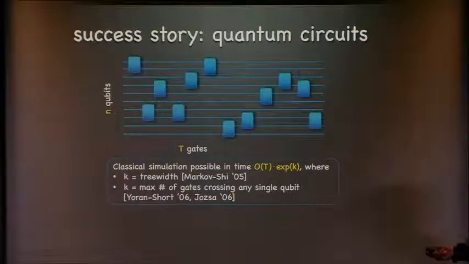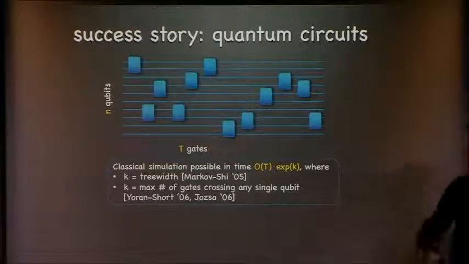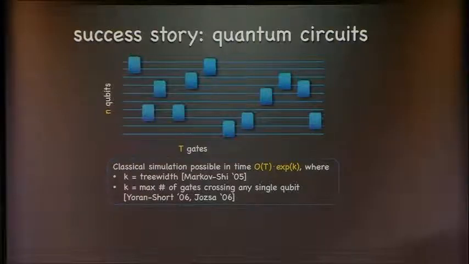Another version of this is due to Nadav Yoran and Tony Short and Richard Jozsa, in which k is the maximum number of gates crossing any one of these lines. And so here k is a parameter that interpolates from 0 or 1 if there are no interactions between different qubits, and could scale up to be as large as n, in which case there would be no advantage.